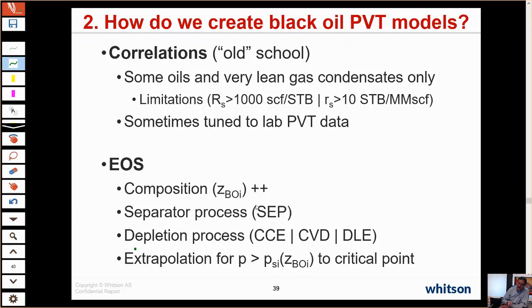You need some way to create these compositions of the depletion process, which Singh is going to tell us about. And then we sometimes, and we like to do it all the time, but we sometimes definitely need to extrapolate to saturation pressures beyond the initial saturation pressure of the original reservoir fluid, okay, for reasons I'll get into.